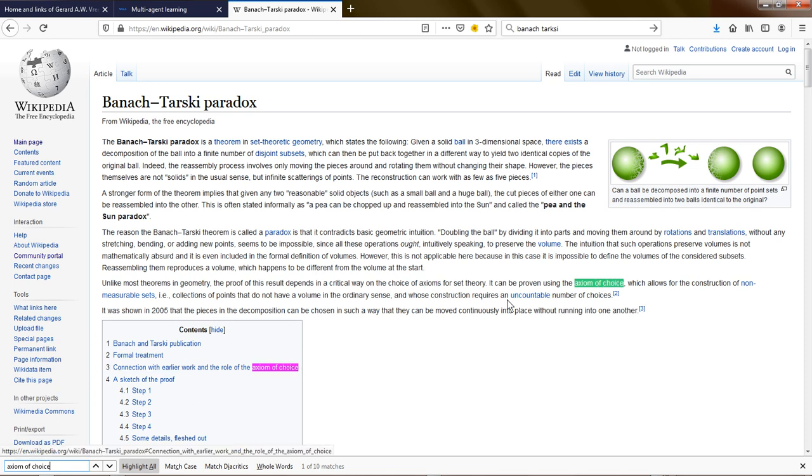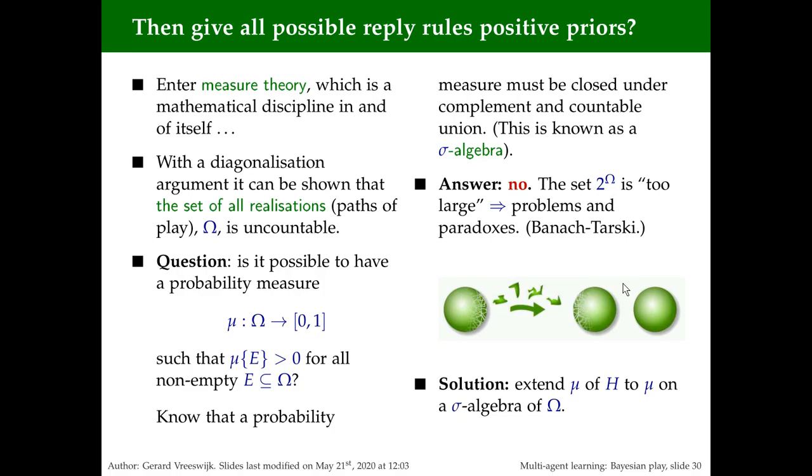So it's simply impossible to give every conceivable subset of possible play a positive probability.